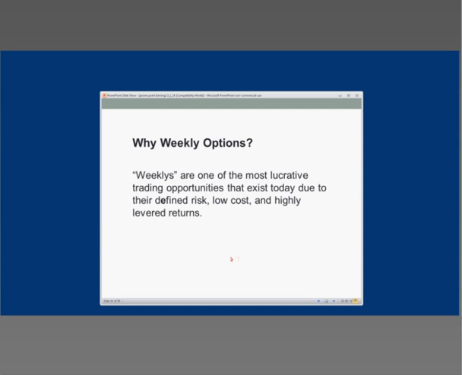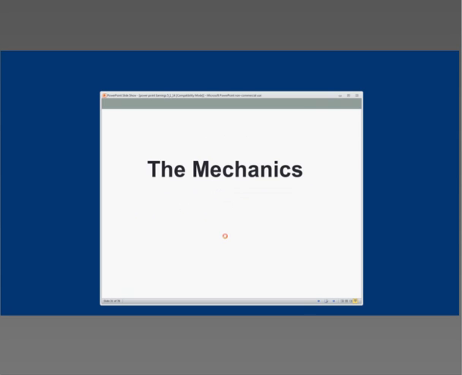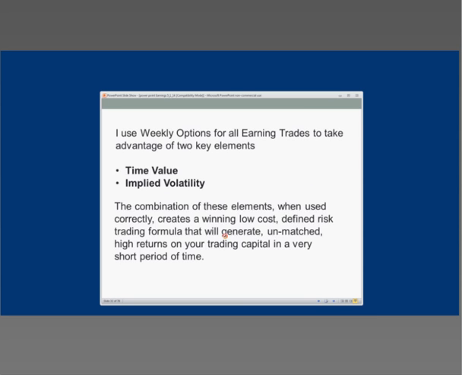And why weekly options? I don't know how many of you guys trade weeklies, but they're one of the most lucrative trading opportunities that still exist today, due to their defined risk, their low cost, and high levered returns. And the mechanics is what makes this happen for those weeklies. Use those weekly options for all earnings trades, and that's done to take advantage of the 2 key elements.